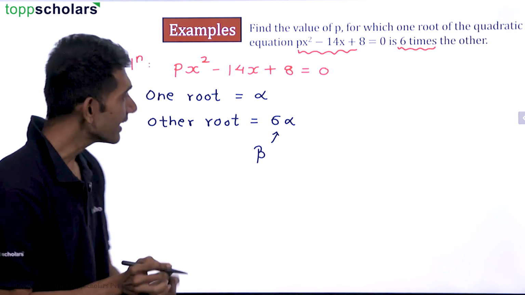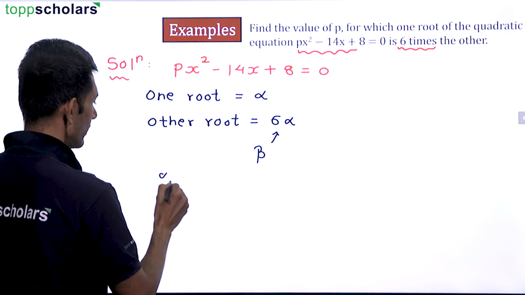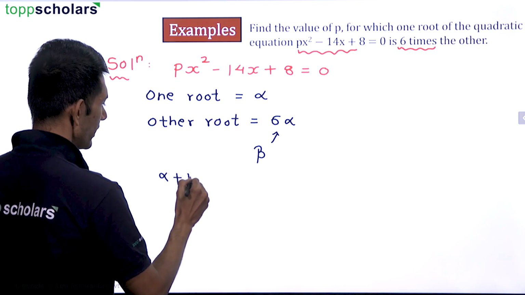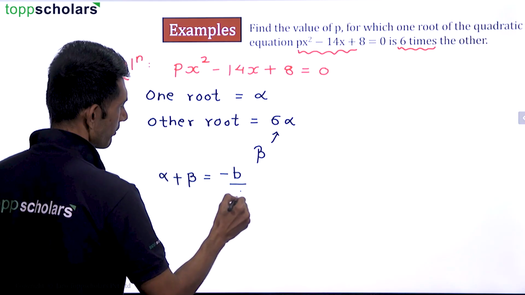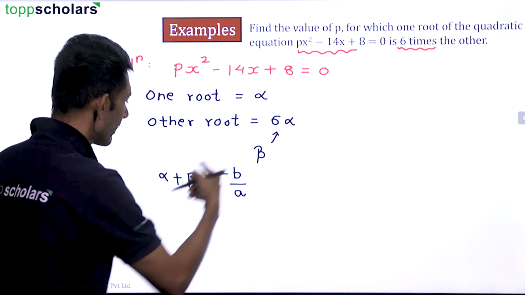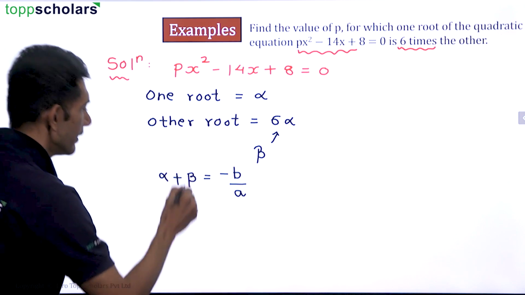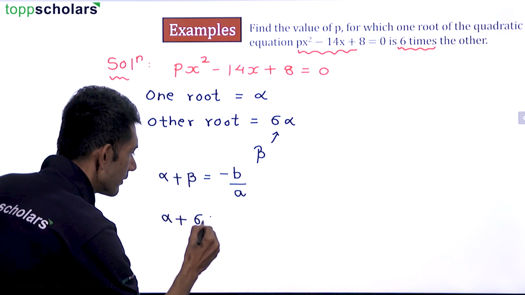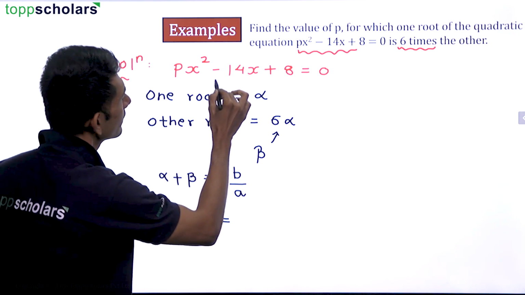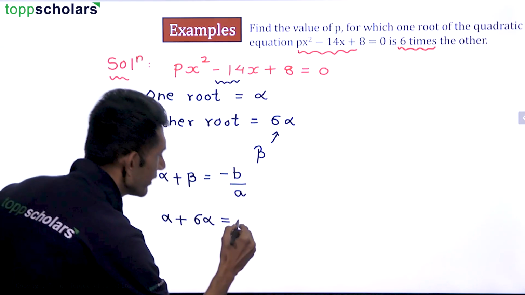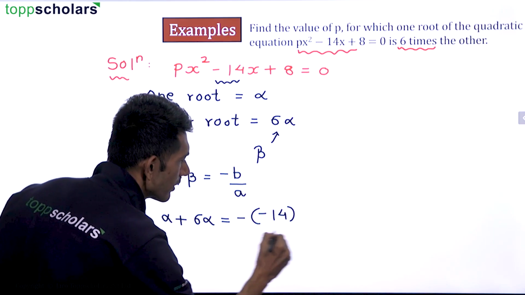We know the formula that alpha + beta is equal to −b/a. So alpha is alpha only and beta is 6 alpha, which is equal to −b/a. This is your b, so −(−14) by a.